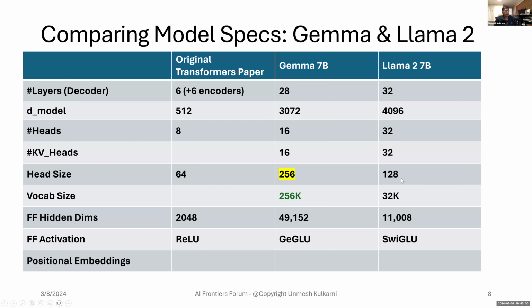But the most interesting thing is the vocab size is massive at 256K, which means the model is able to process a wide variety of tokens, and its comprehension of tokens is growing really well, or becoming fairly complex. Finally, the feed-forward hidden dimensions have increased substantially from 2,000 to 49,000 in Gemma 7B.